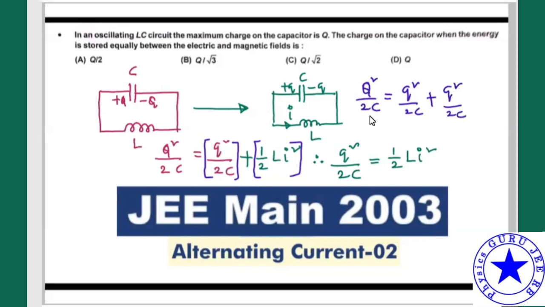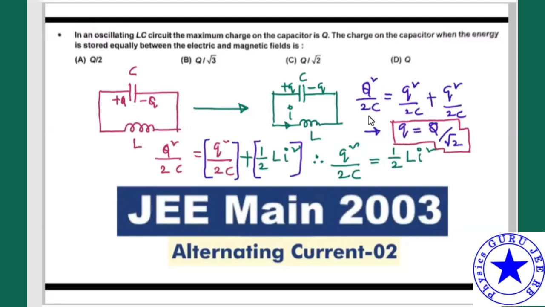Then the final expression I get, if I solve this one, is q equals Q by root 2, right? Hope it is clear. The solving part I am leaving to you.